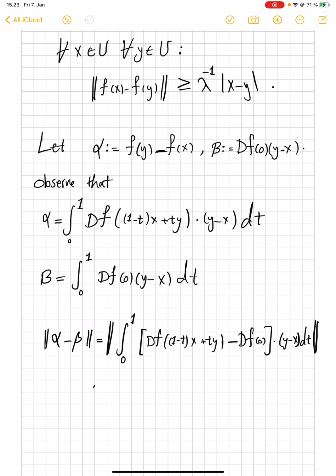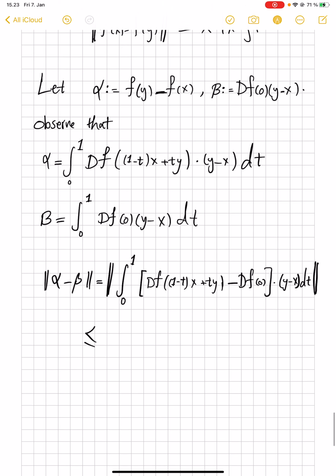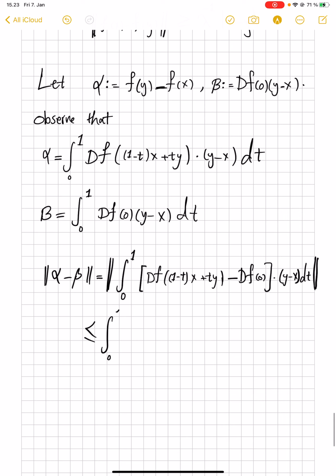What is true is that if you take the norm inside an integral, you get a larger quantity, so 0 to 1. And now, the norm of this matrix applied to y minus x will be less than the operator norm times the norm of y minus x dt. And this is the operator norm of df at 1 minus tx plus ty minus df at 0.